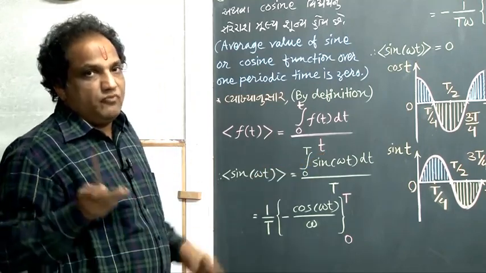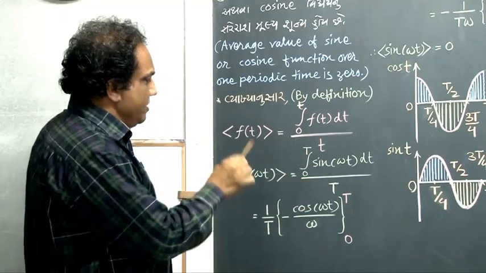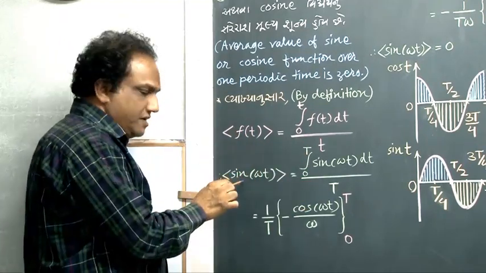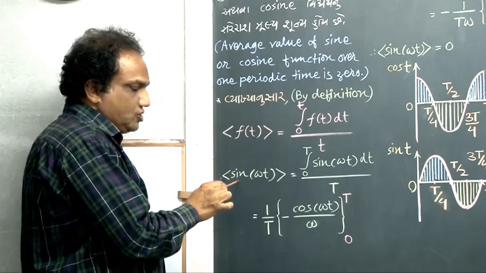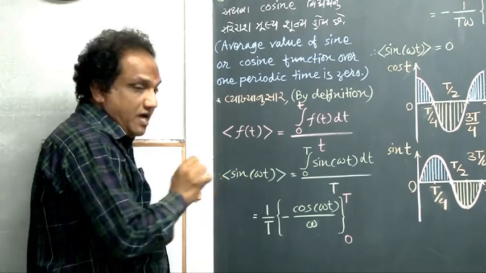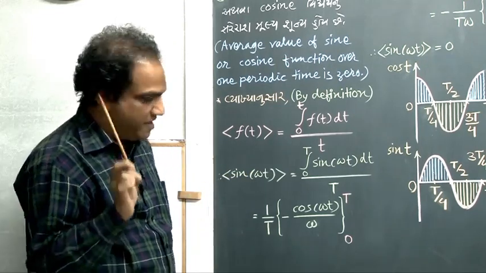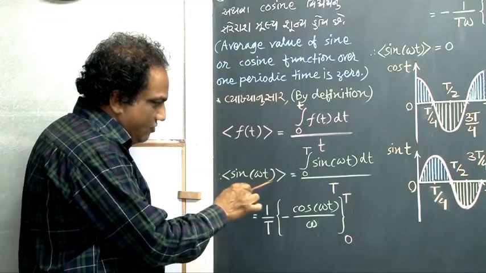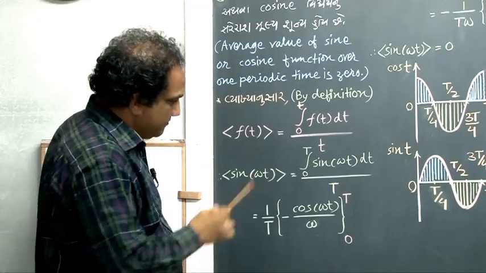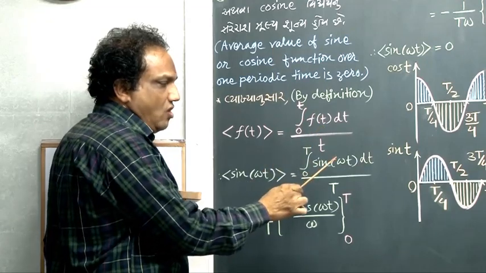But right now, what is the given function? Suppose I am taking the sine function, then instead of f, I just put sine. It is also a function of time. I am taking the function sine of omega t, where omega is called angular frequency. Fine. Now we require its average value, no problem. Just instead of f as a function of t, you write sine of omega t.